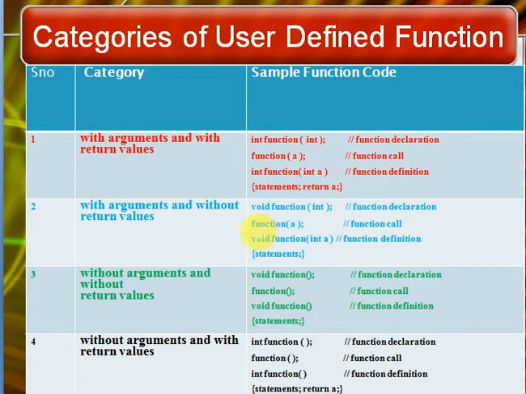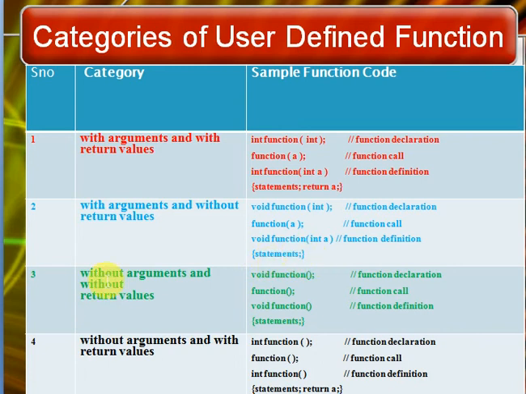Then its function call statement with one parameter, and its function definition, that is not returning any value, that's why we are using void here, name of function, one argument, and statements within the body of the function. No need to use a return statement within the body of this function.